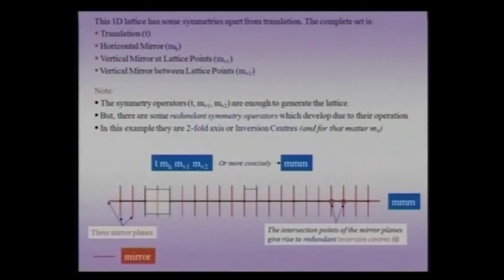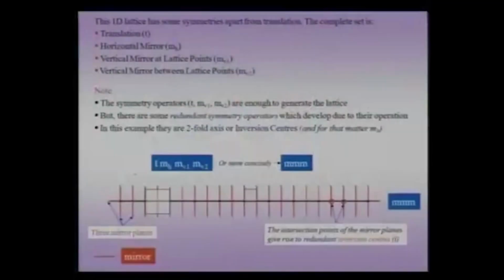This is just stating the important property of symmetry, that symmetry operators operate on the entire space and everything which is included in it. In this case, what is included in the space is this mirror plane. So the mirror plane is taken from lattice point to lattice point. The second mirror is located between the lattice points.